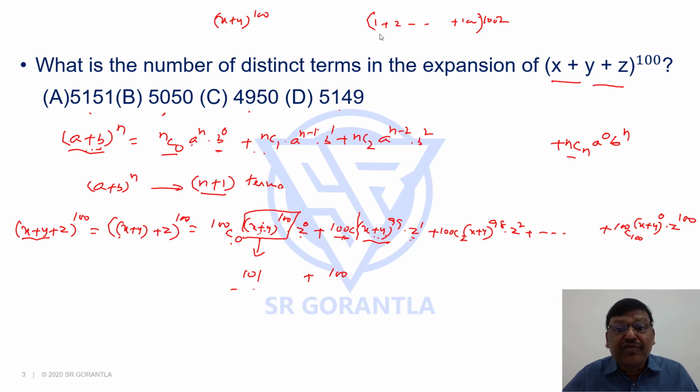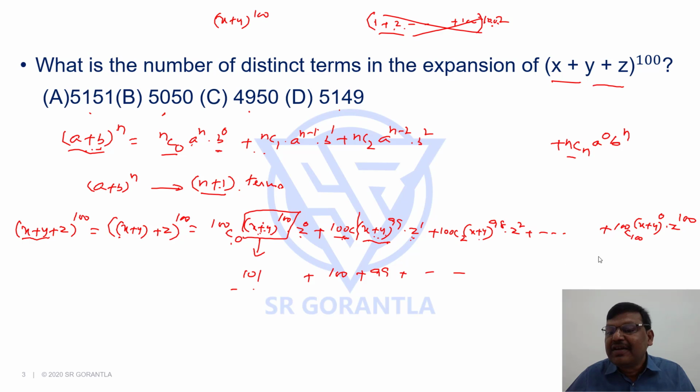So the number of terms is the same: 100z into the first term, second term, third term. I am not asking what the value is, I am asking how many terms there will be. (x + y)^99 will have 100 terms. Similarly, (x + y)^98, when you expand, will be n plus 1, that is 99 terms, and so on.